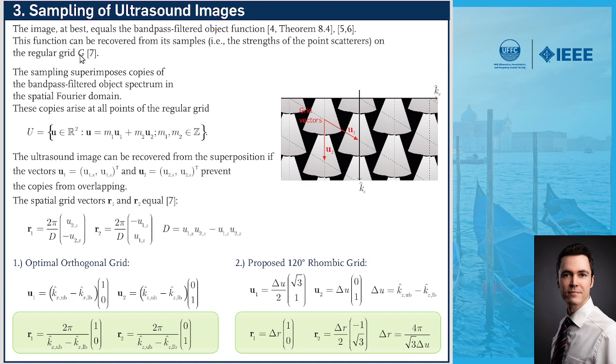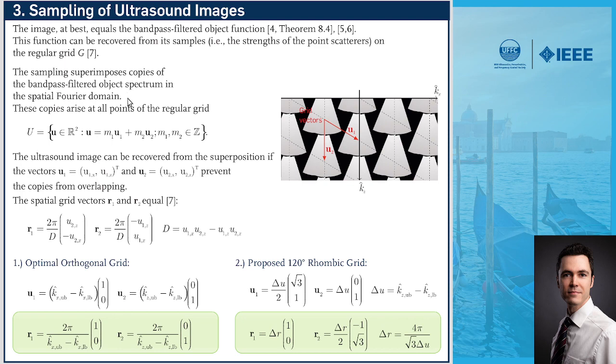The bandpass character of the ultrasound images enables their representation by samples, or point scatterers. The bivariate sampling theorem shows that the sampling superimposes copies of the bandpass filtered object spectrum in the spatial Fourier domain.